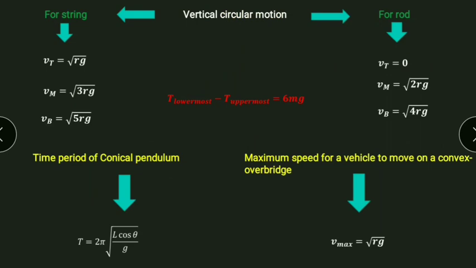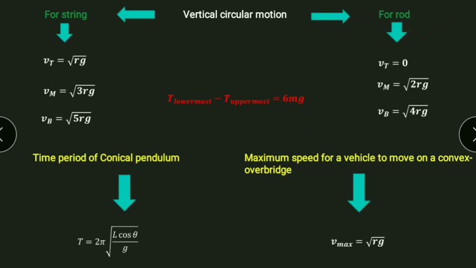So for vertical circular motion, if there is a string, minimum velocity at top position should be equal to square root of rg. Minimum velocity at horizontal position, or you can say middle position, is equal to square root of 3rg, and for bottom position it should be square root of 5rg.